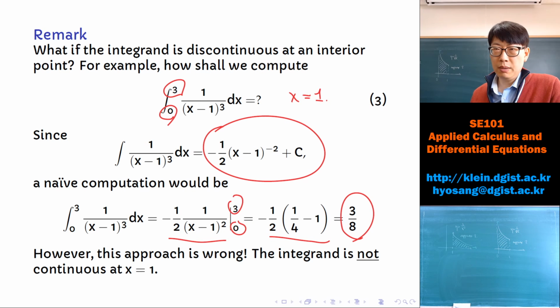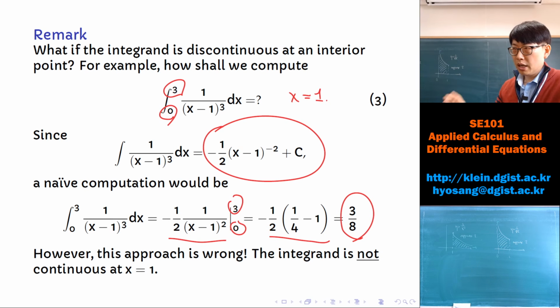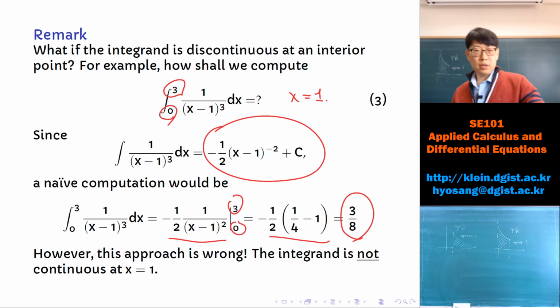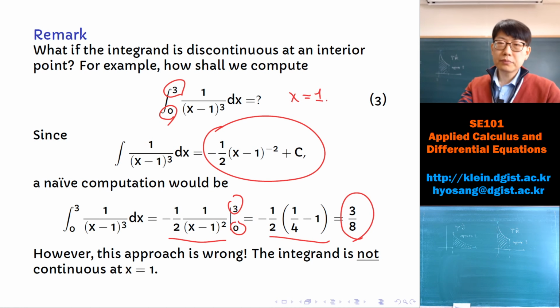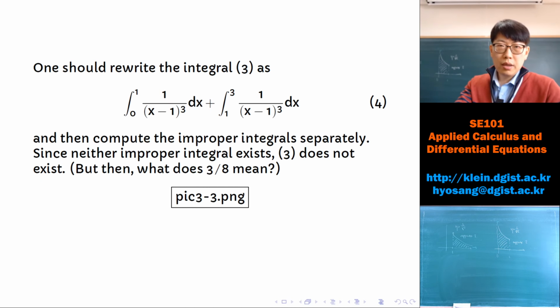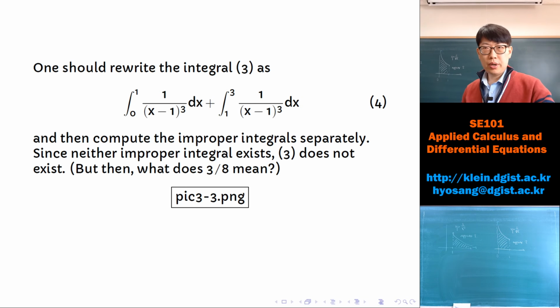This is an improper integral of type 3 that I put in the definition. So how to do the improper integral? You have to split your integration from 0 to 1 and from 1 to 3. In that case, you have to do the computation twice.